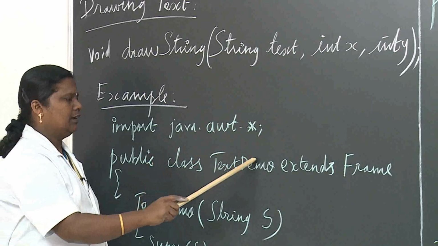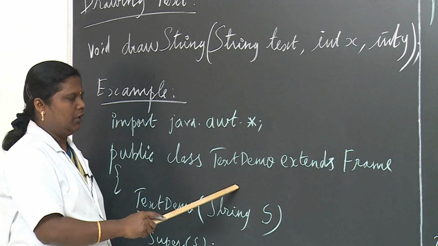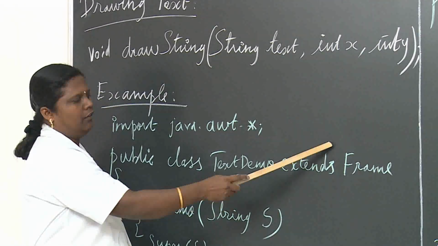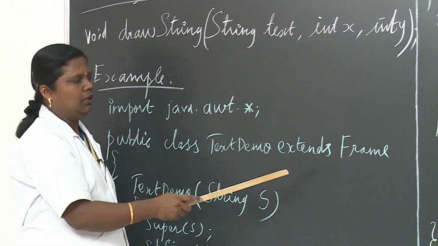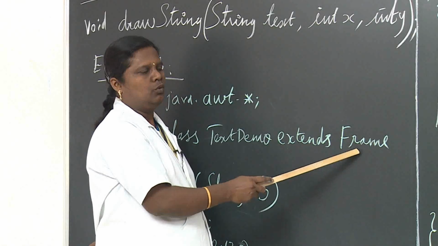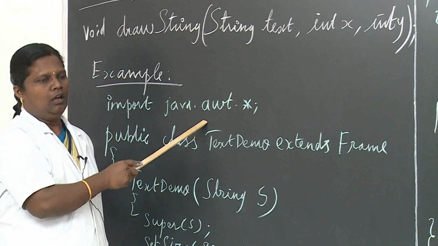I have created the class named TextDemo to display the text over the frame. TextDemo always extends Frame as the super class or base class, which holds whatever string I am going to display. Frame is also available in this AWT package.